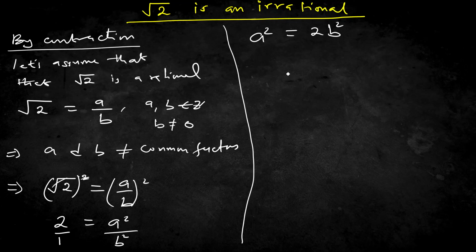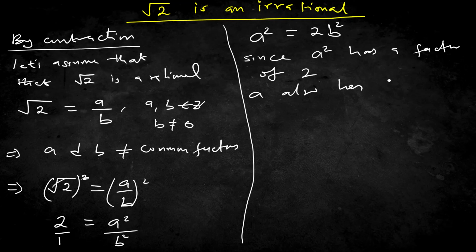Now since a squared has a factor of 2, we say that a also has a factor of 2.